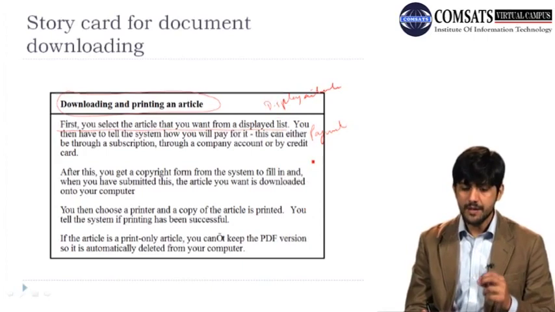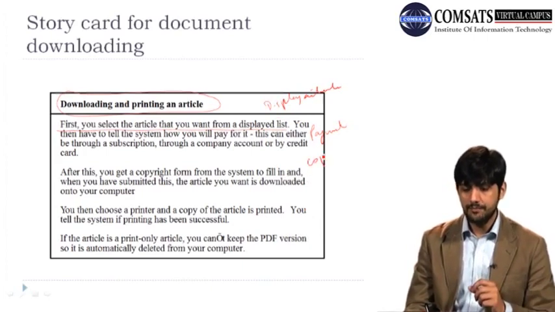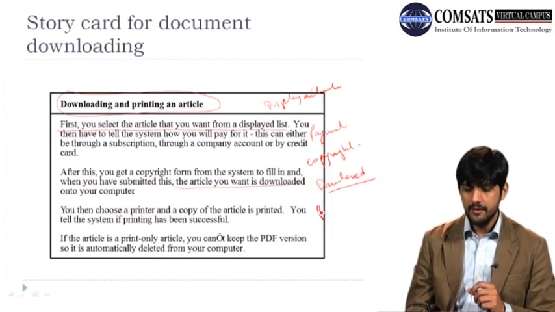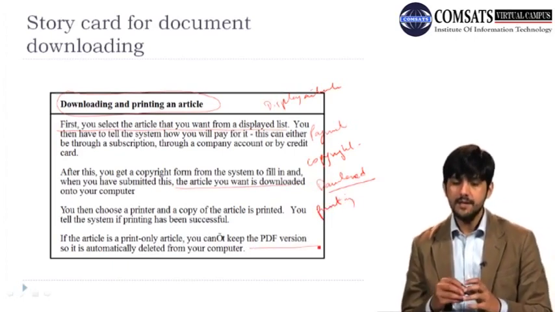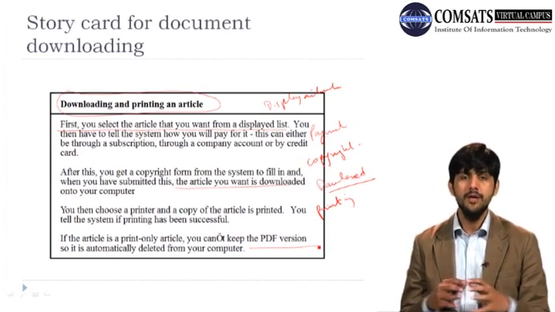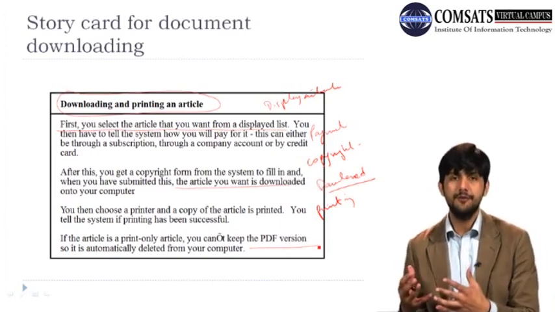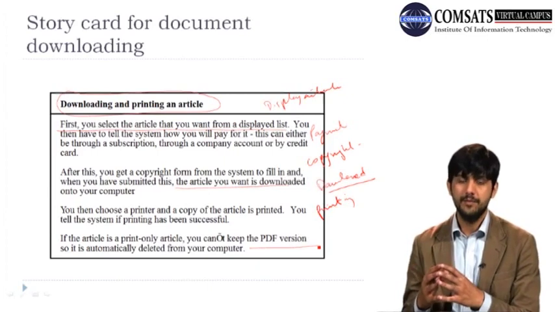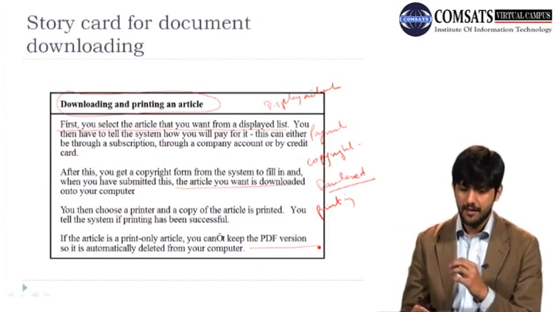And then there are features related to the copyright form. Then there is the small functionality of downloading that article, and then printing. And finally there is something interesting here: some articles are print-only, and you cannot keep the PDF version, since at times the copyright limits that.